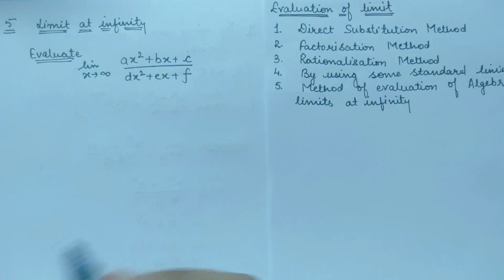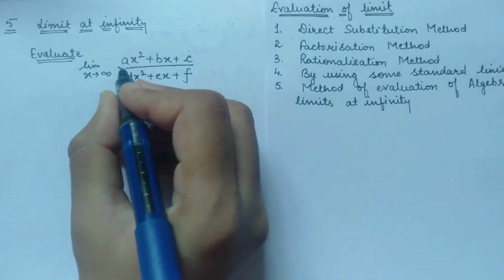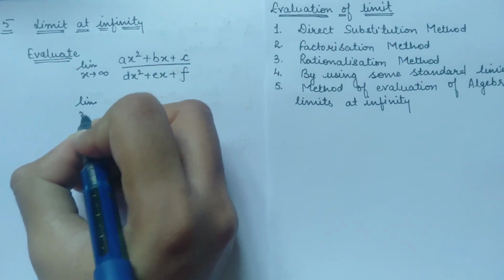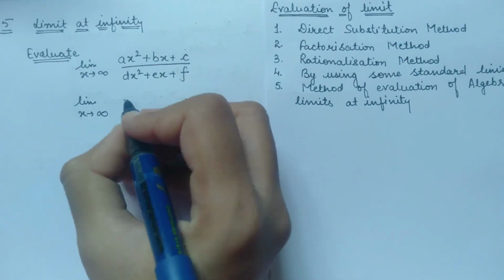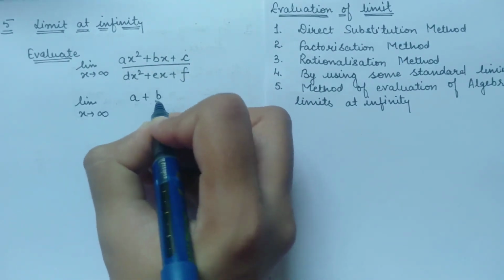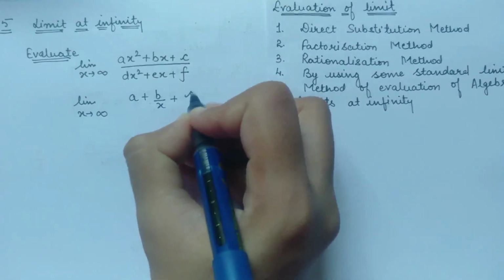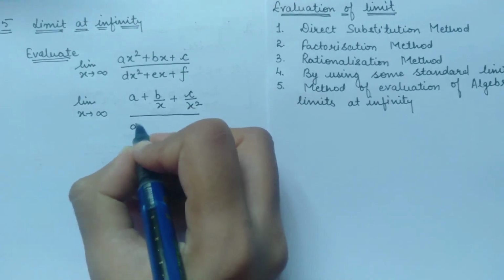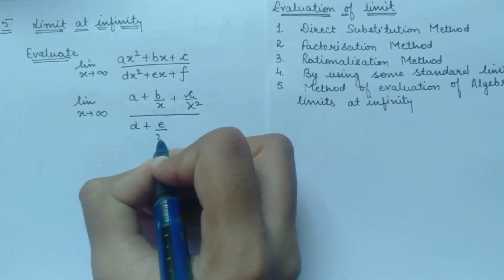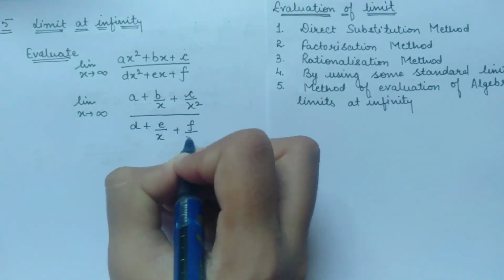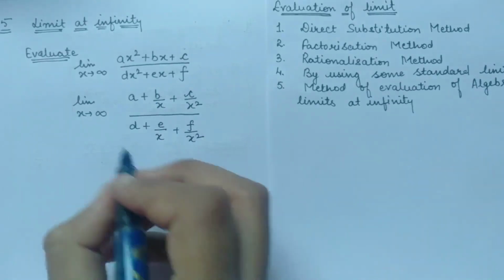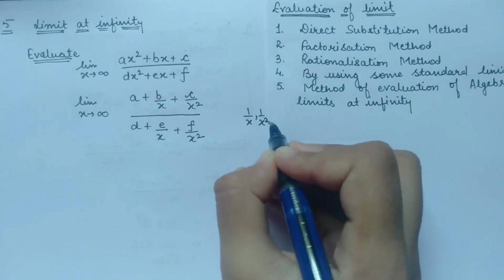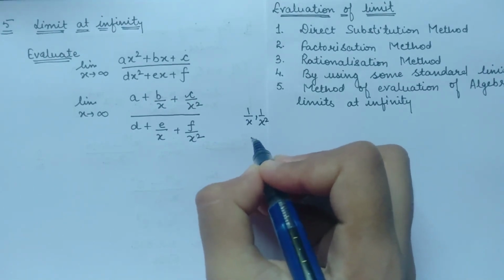So we will take x square common in the numerator and denominator. Therefore, limit x tends to infinity will become (a plus b divided by x plus c divided by x square) divided by (d plus e divided by x plus f divided by x square). While we apply the limit, 1 by x and 1 by x square will become 0.